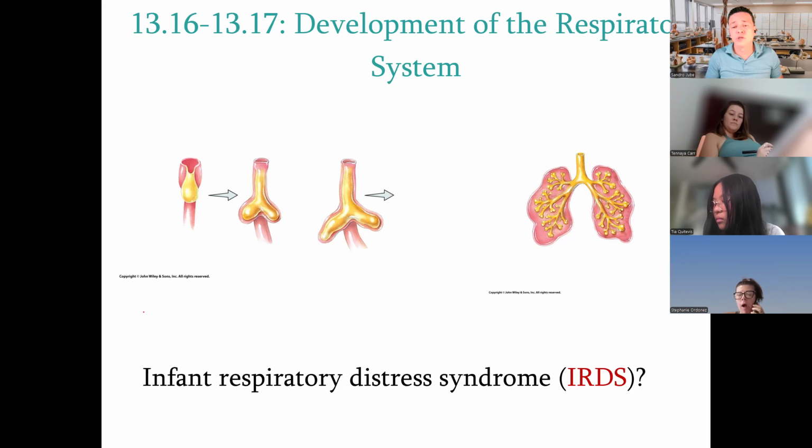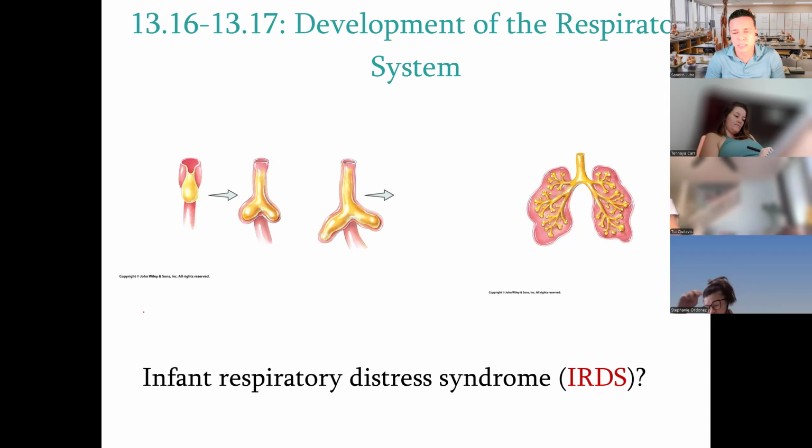The lungs of the baby are not fully developed. And that is going to lead to a condition called IRDS, Infant Respiratory Distress Syndrome. Okay? Because their lungs are not yet producing the surfactant that is required for respiration, right?